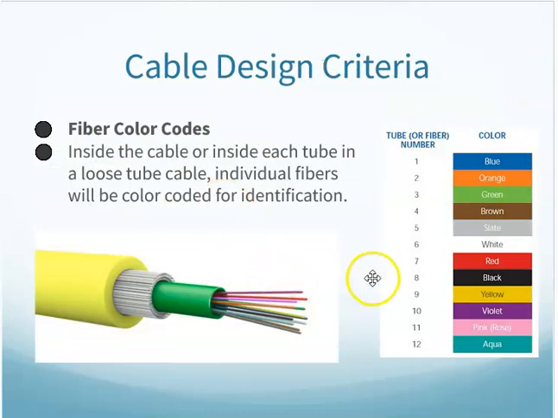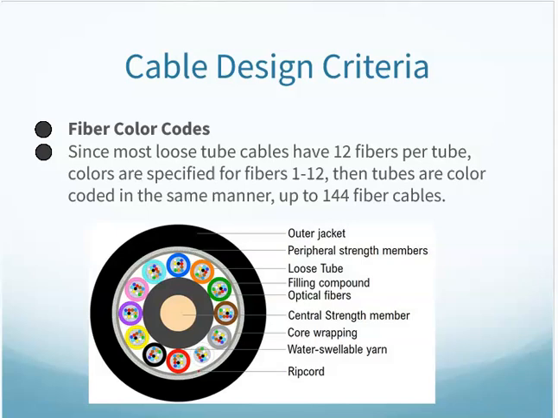They also remind us when we have these loose tube fibers or ribbon fibers, which we'll look at in a second, there is a color code: fiber 1 is blue, fiber 2 is orange, fiber 3 is green, and so forth. That allows you to identify on each end what fiber you're dealing with, especially as you're terminating to a breakout box or something of that nature. That color code still gets followed if you have a large fiber count.